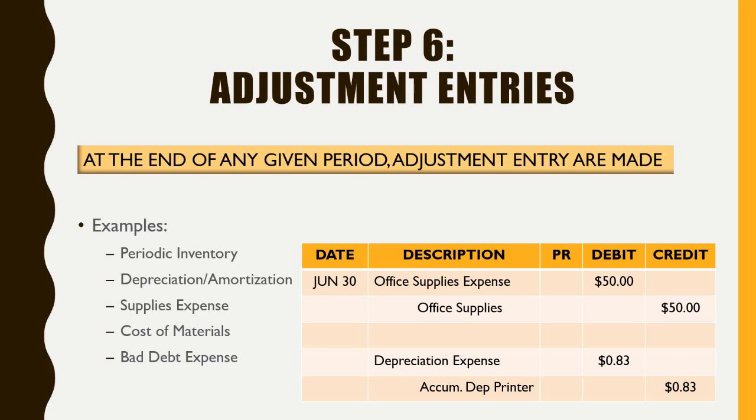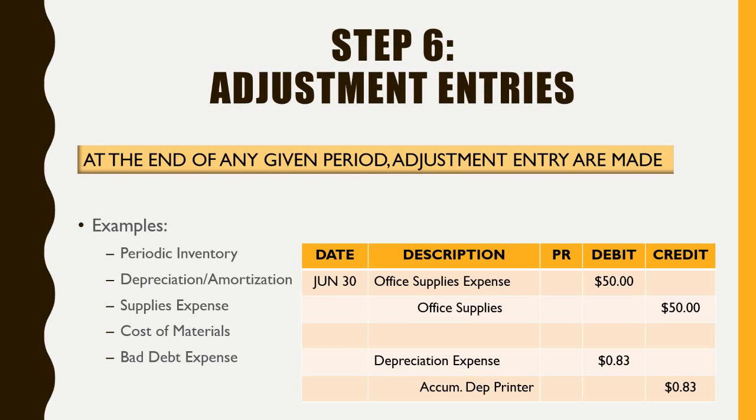Now, what are adjustment entries? What are examples of how we can create an adjustment entry? Well, there's nothing really completely different between an adjustment entry and a regular general journal entry, except that it just happens at the end of a given accounting period.